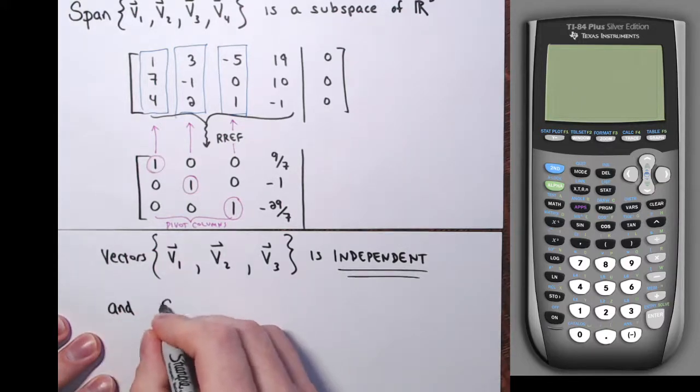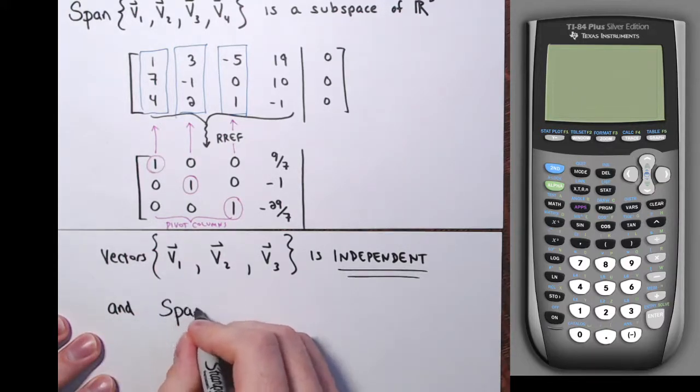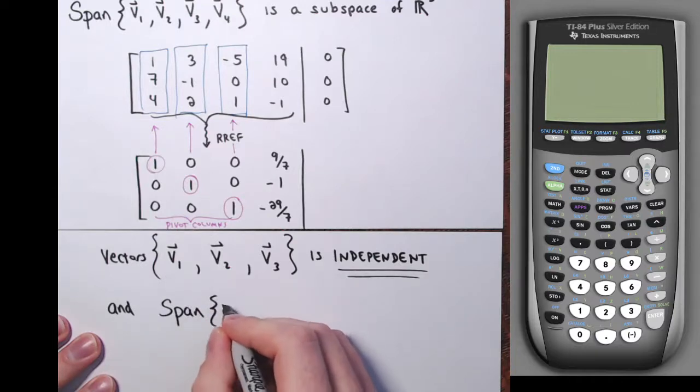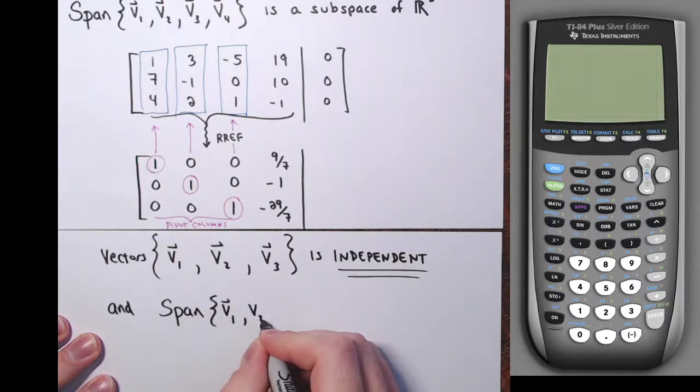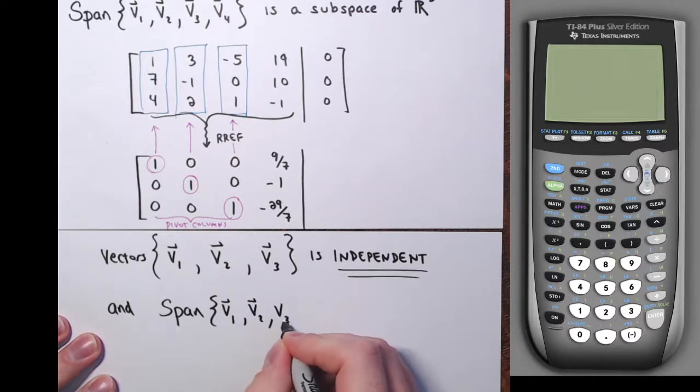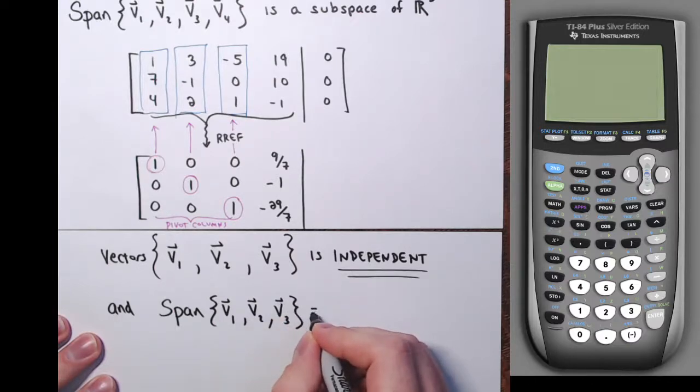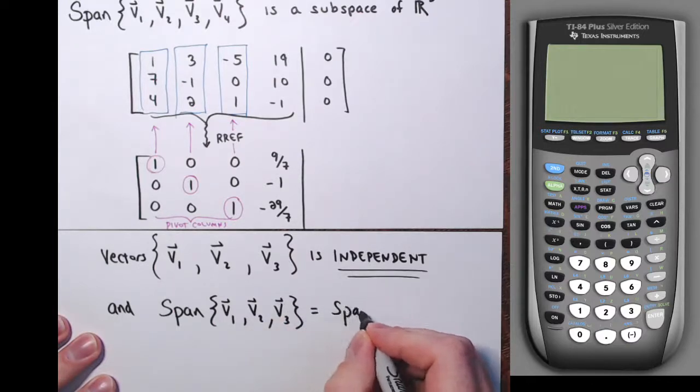And the span of this set of vectors is exactly the same as the span of those first 4.